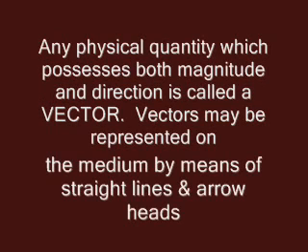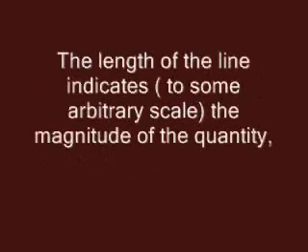Any physical quantity which possesses both magnitude and direction is called a vector. Vectors may be represented on the medium by means of straight lines or arrowheads. The length of the line indicates the magnitude of the quantity.